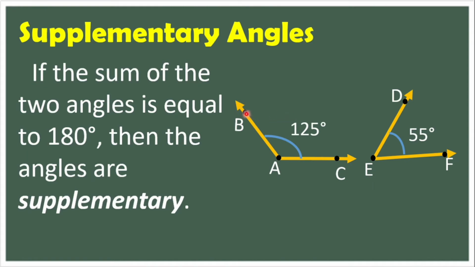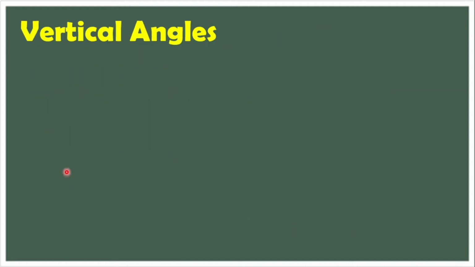So, ito yung ating angle. Meron tayong angle BAC which has the measure of 125 degrees and angle DEF which has the measure of 55 degrees. So, pag inadd natin yung measurement nila, they are equal to 180 degrees.